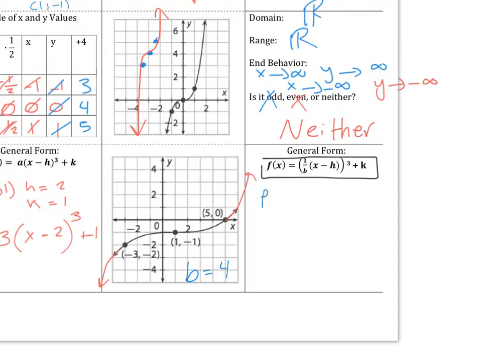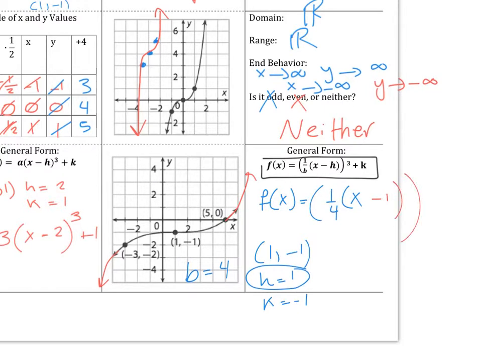So remember to always take the reciprocal, and then x, what's the h? The point of symmetry is 1, negative 1, so h is 1 and k is negative 1. So remember, always take the opposite of h. So that's going to be minus 1, and that's all to the power 3. And then plus k, and the k is negative 1 in this case.